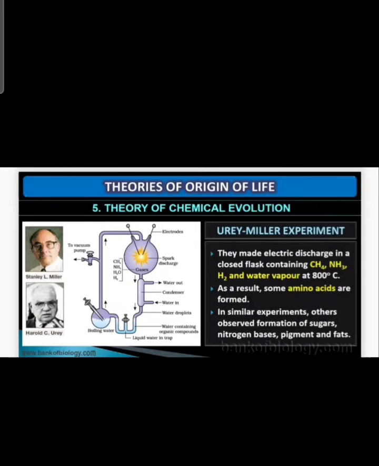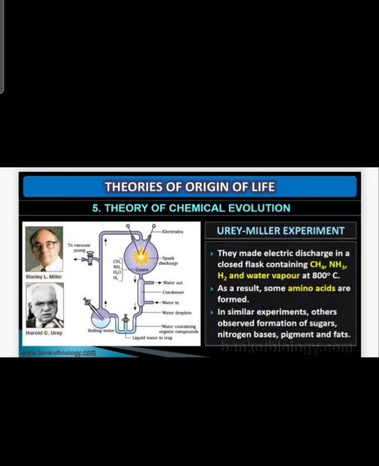They created the same conditions as the earth had before, and they showed how the organic molecules required for life, we require proteins, nitrogenous bases, sugars, all of them are formed by whatever disturbance occurred during that time.